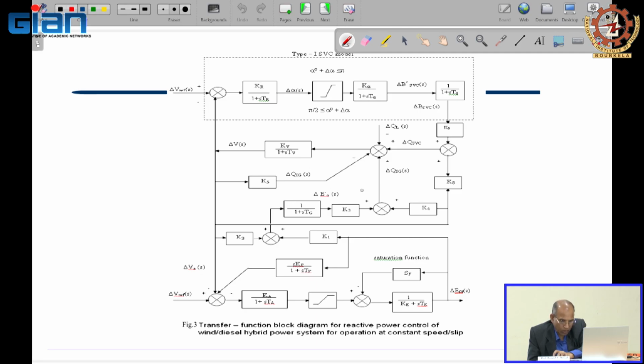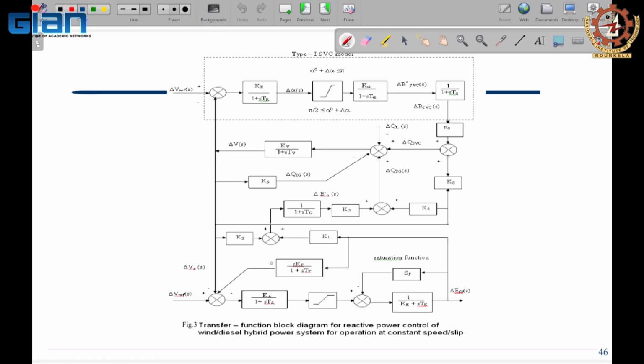So with this synchronous generator, what type of excitation system are you considering? You can find in the literature IEEE systems for what type of excitation system you are selecting. Accordingly, you have this excitation system associated with the synchronous generator.